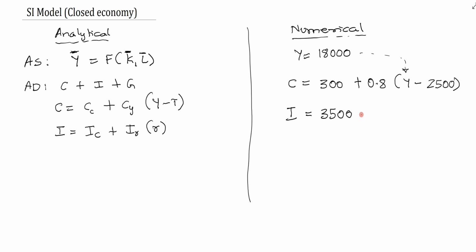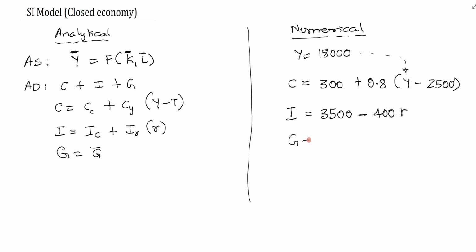And then let's assume the slope of the investment function is negative 400 R. This negative 400 is saying that if the interest rate goes up by 1%, then I will go down by 400. The government spending is just going to be exogenous, so G is equal to G bar.